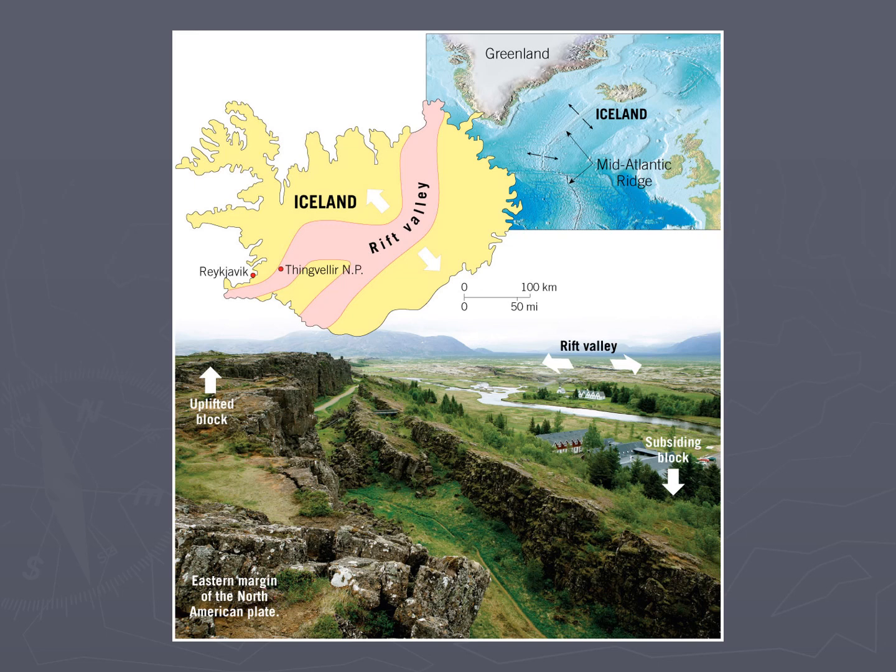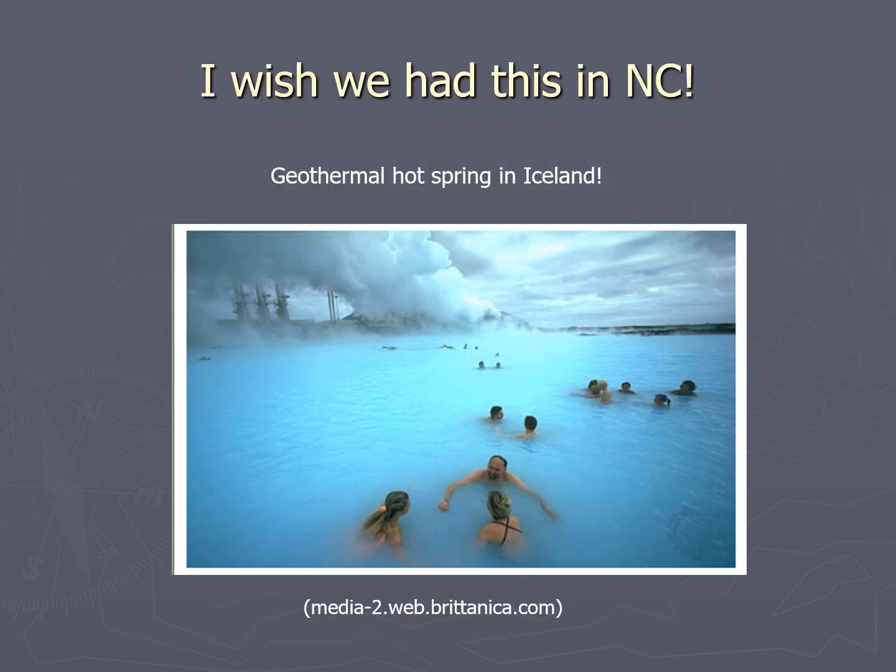And if you walk across that Rift Valley, you're walking from the North American plate to the Eurasian plate. I think that's really cool. And then the photo at the bottom is what it looks like in the Rift Valley. And because Iceland has this mantle plume beneath it, they have geothermal hot springs in Iceland.